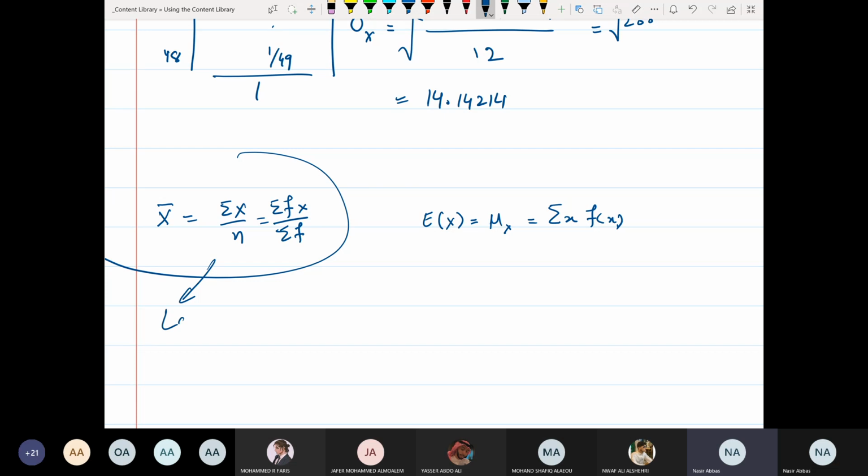This is lab. This is class. And the same is true for the variance. There is a formula of variance in the lab. There is a formula of variance in here. And we're looking for the difference between these two.